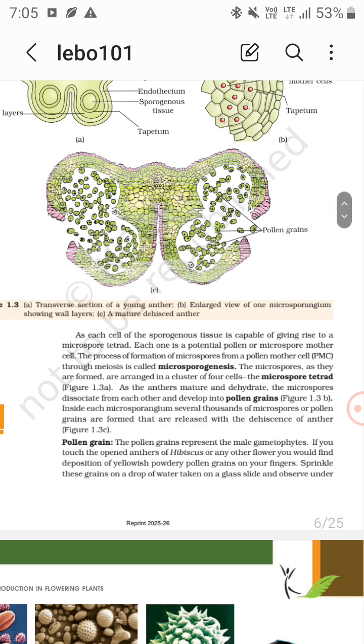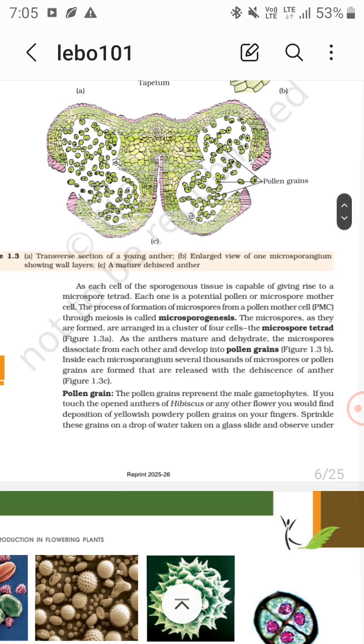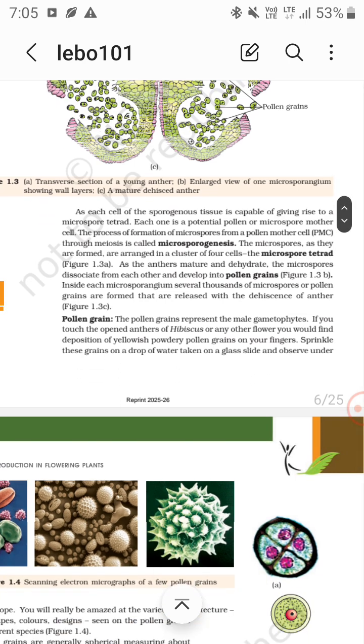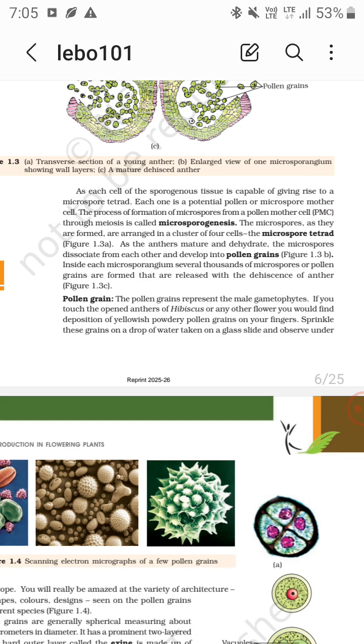It forms a cluster of four cells, that is a microspore tetrad. As the anther matures and dehydrates, the microspores dissociate from each other and develop into pollen grains. Now the pollen grain represents the male gametophyte, just like in the ovule the embryo sac is the female gametophyte.